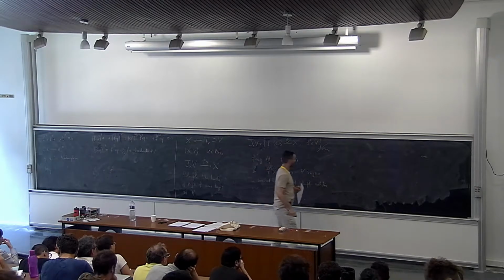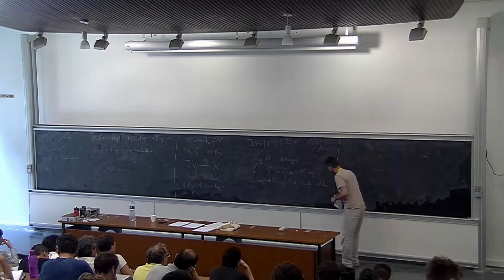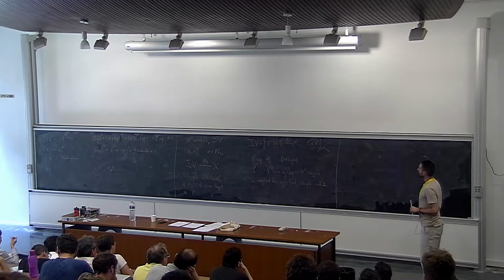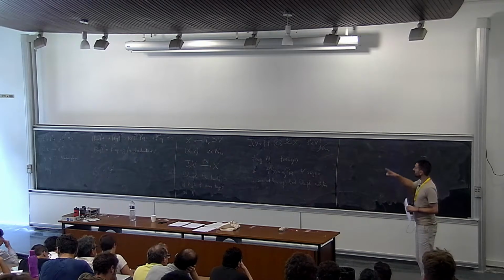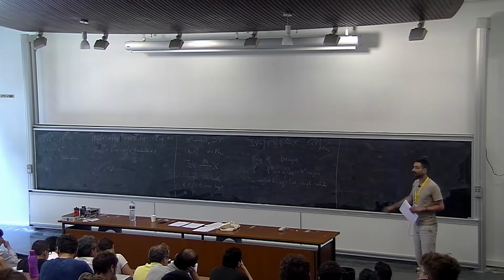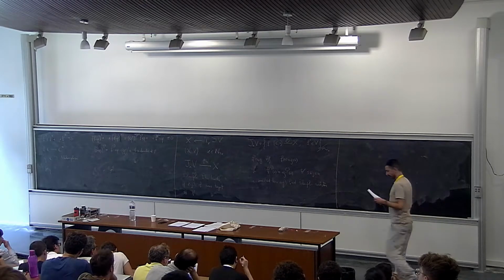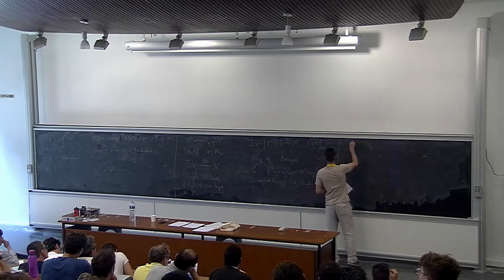Okay, now I want to put some right action of some group on this J_k V. So the group in question will be the following.